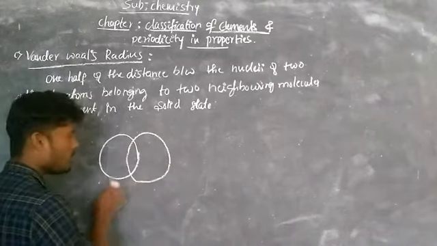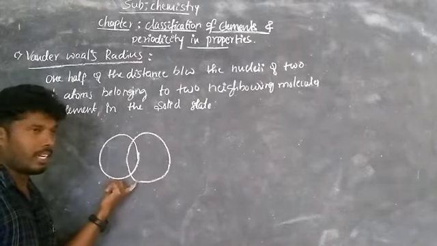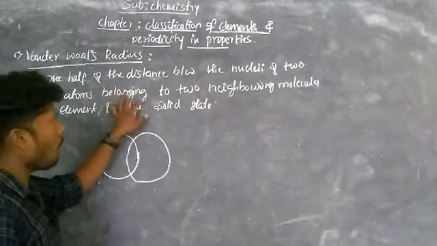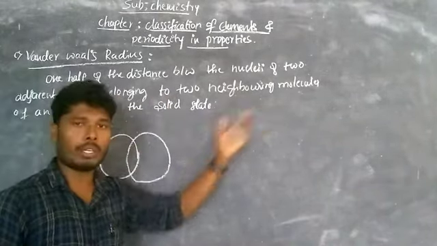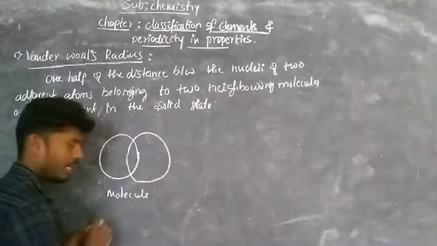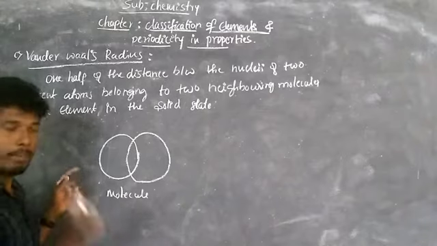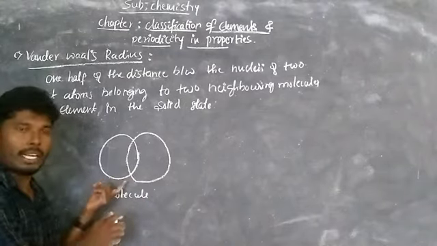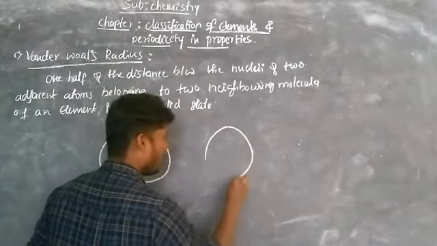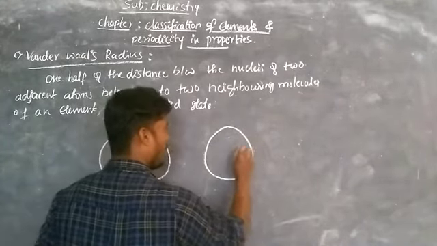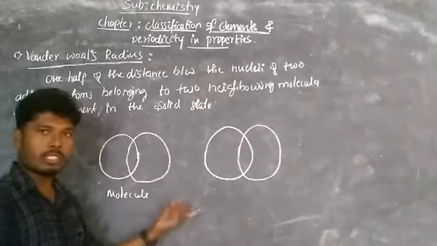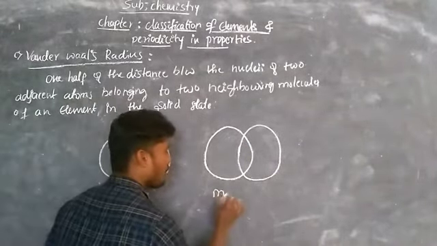Two atoms which are bonded to each other, neighboring atoms, belong to two neighboring molecules. Let us say this is one molecule. A molecule means two atoms are bonded. Now let's take another adjacent molecule. These two are bonded together. This is one molecule, and this is one more molecule.